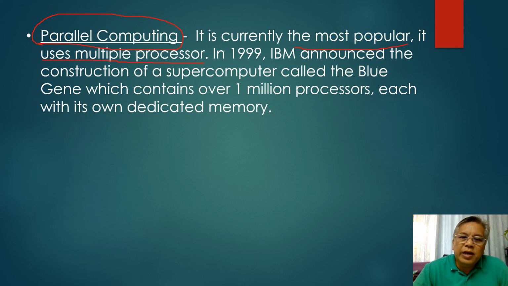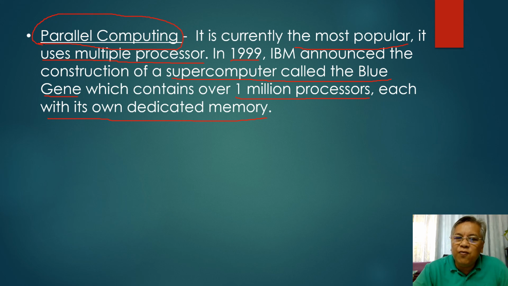In 1999, IBM announced the construction of a supercomputer called Blue Gene, which contains over 1 million processors, each with its own dedicated memory. So just imagine, 1 million processors working together to process data.